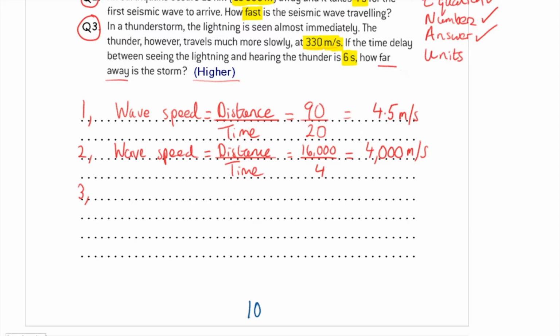So there's a few ways of rearranging, which I showed before. Speed is distance over time. If you multiply both sides by time, then it will leave you with distance equals speed times time.